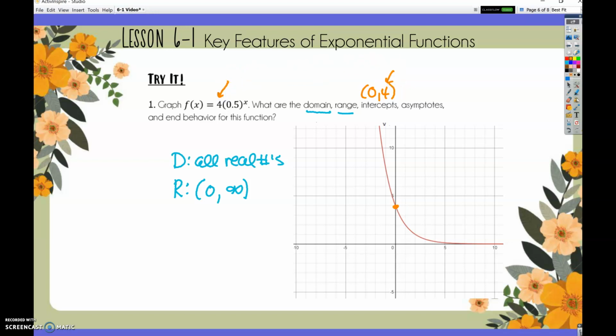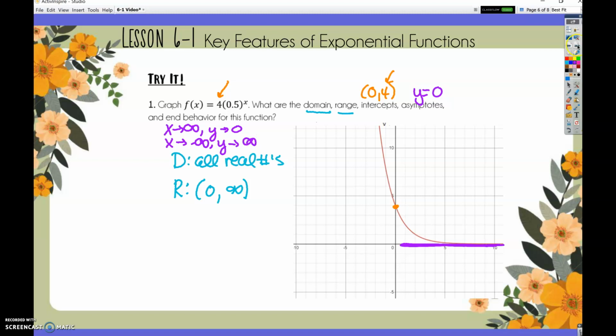That might be something to be looking at for a pattern. And finally, an asymptote, if we're looking for where it's leveling out at, it's leveling out at the 0 here, right at that line. And our end behavior, as x goes to infinity, y goes to 0. But as x goes to negative infinity, the y value, when I go backwards, is shooting up to infinity.